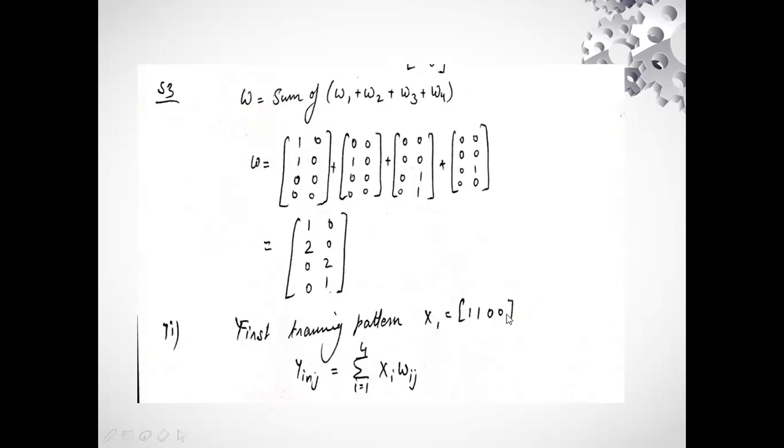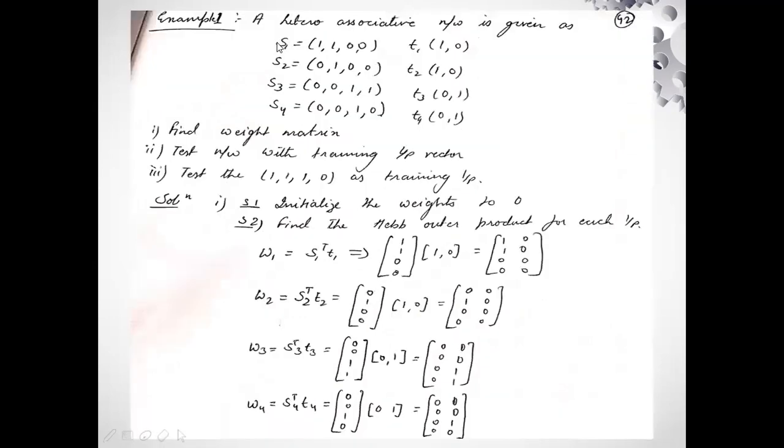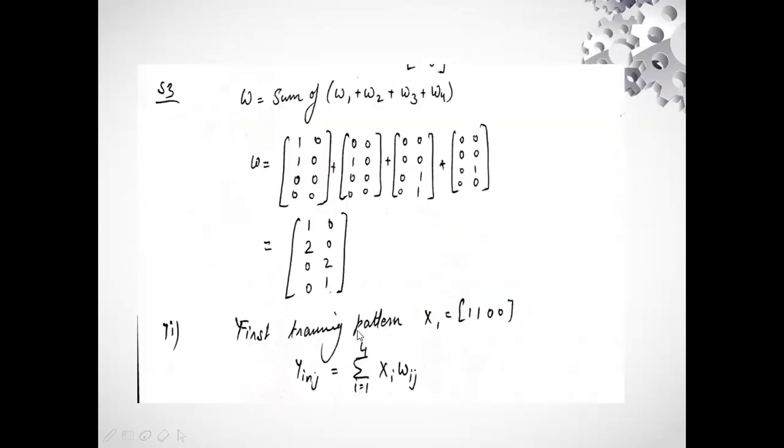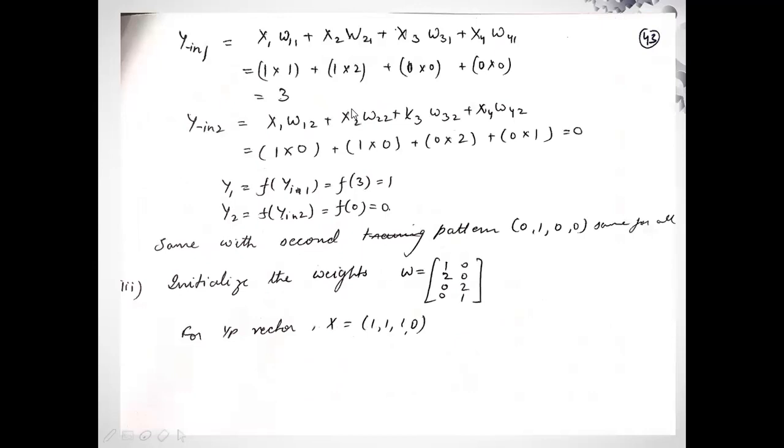Now we calculate it with the help of the net weighted sum, the summation over i equal to 1 to 4, because we have 4 inputs, 1, 2, 3 and 4. So we calculate the sum of Xi multiplied by Wij.